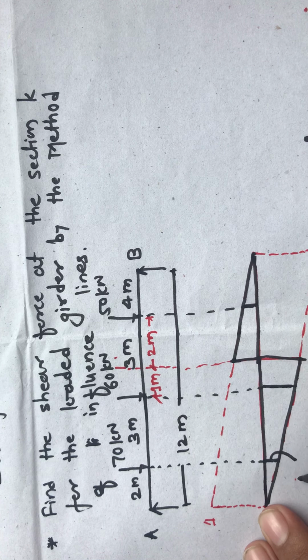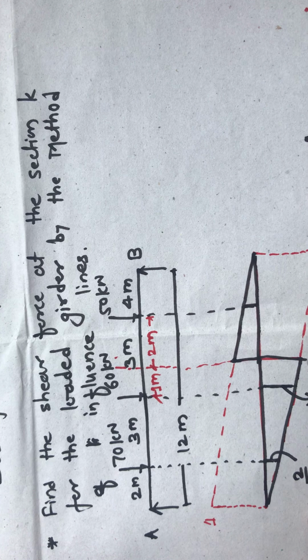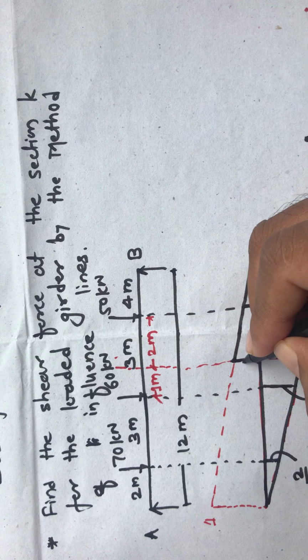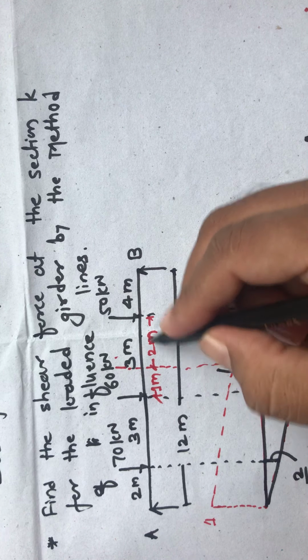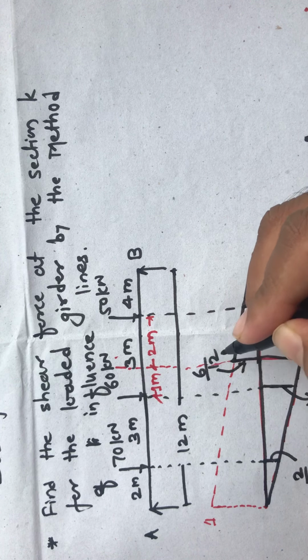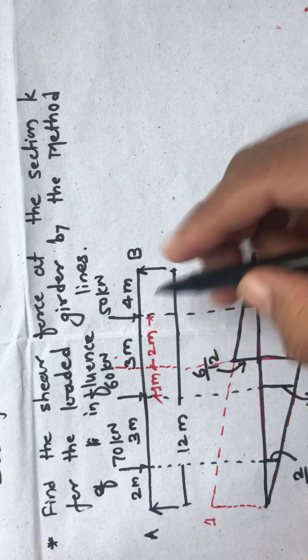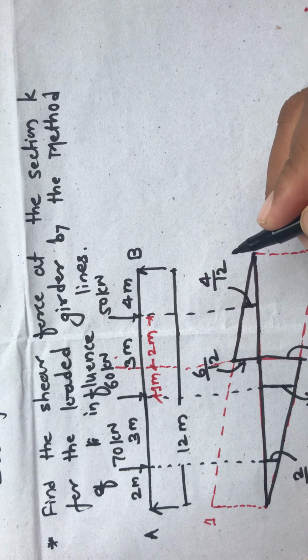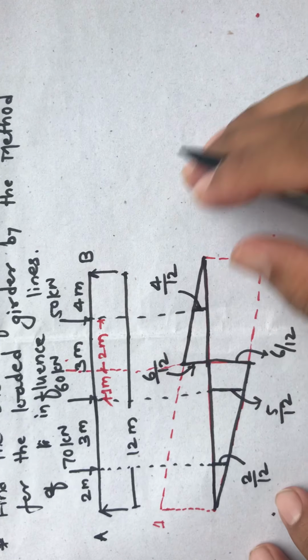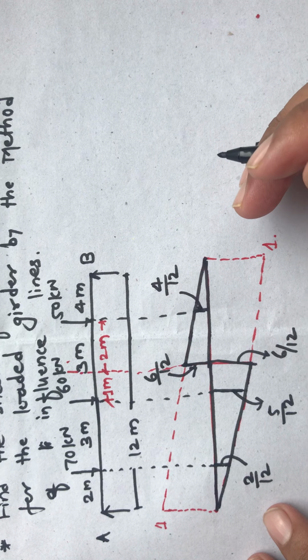So what is here? 2 by 12, this one will be 5 by 12, correct. And here it will be 6 by 12. Now this is on the B by L side, so this will be 2 plus 6 by 12. Again this will be 6 by 12, 4 by 12, correct.